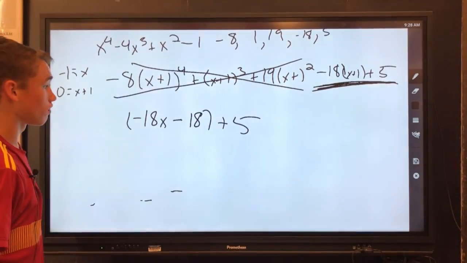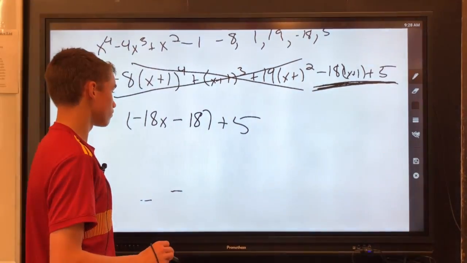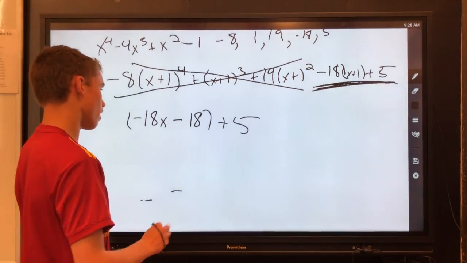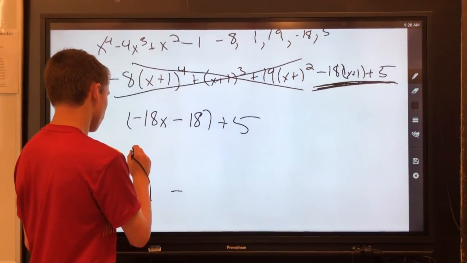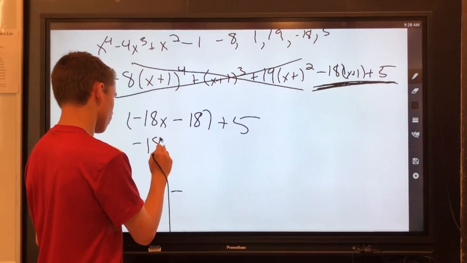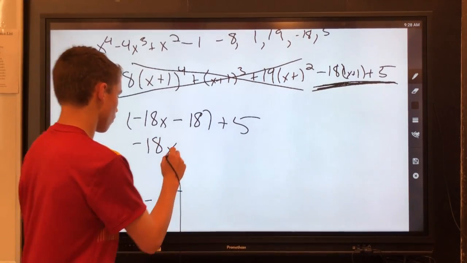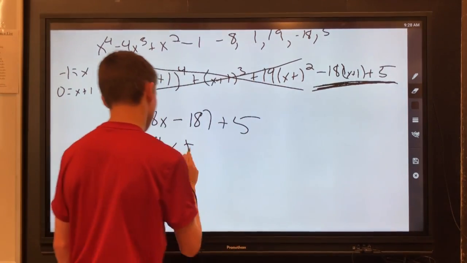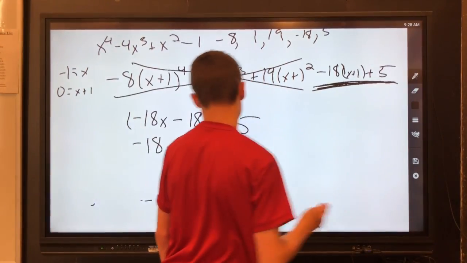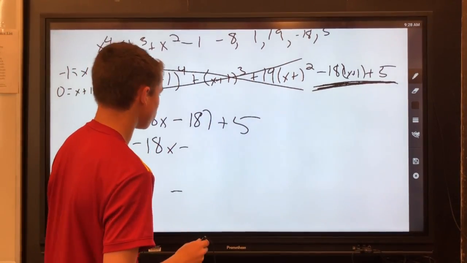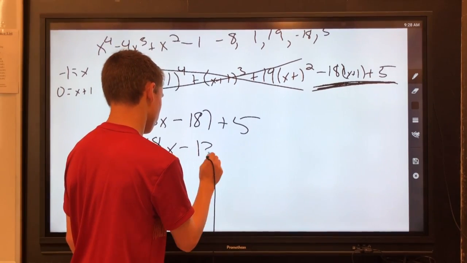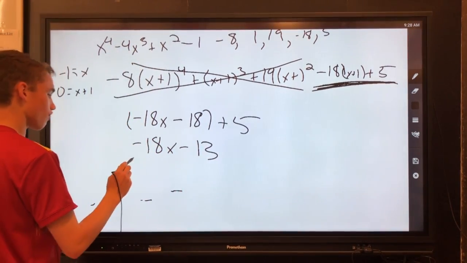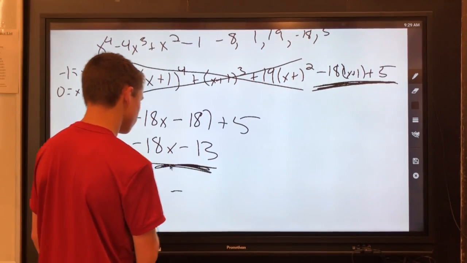Okay? And now we combine like terms, so we have negative 18x minus 13. And there's our tangent line at negative 1.